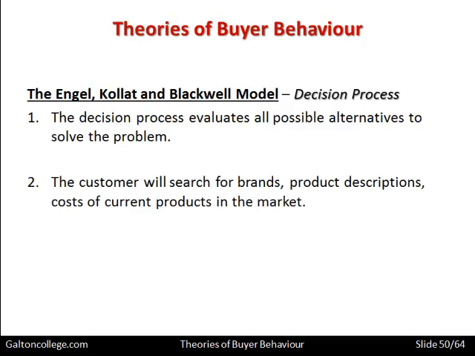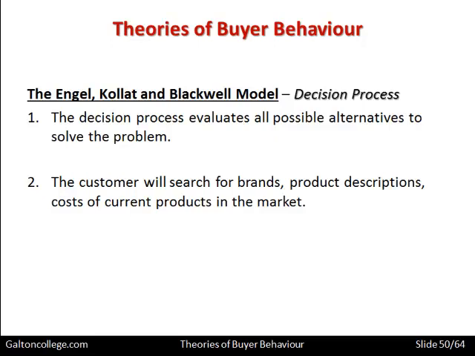The customer will search for brands, product descriptions, cost of current products in the market. The customer will look for a wide variety of information. They'll look for what people have said about it, what the companies say about it, about warranties, backups, support, recommendations, endorsements, and so on.